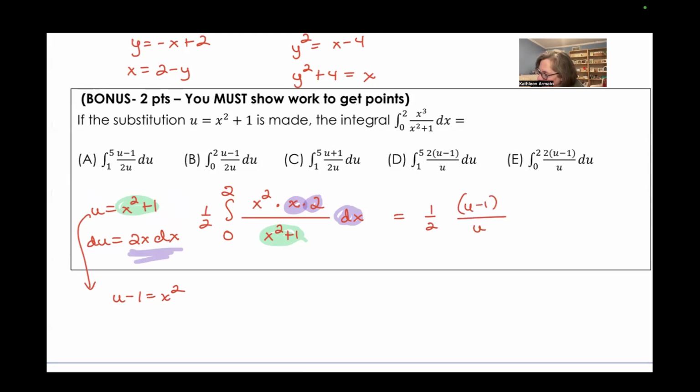So u minus 1 over u du. Limits of integration, 0 becomes 1, 2 becomes 5. And this 2 can come into the denominator there. So that's 1 over 2, integral from 1 to 5 of u minus 1 over u du, which is that.